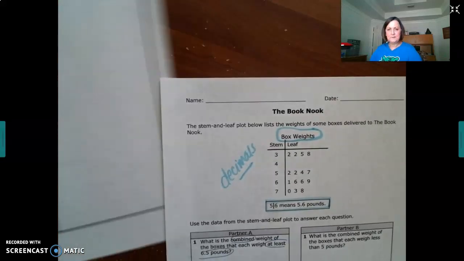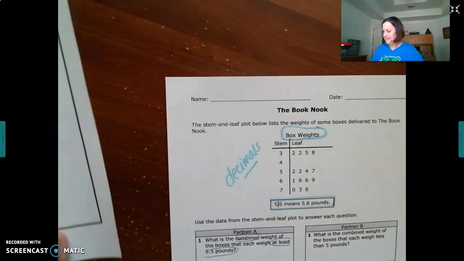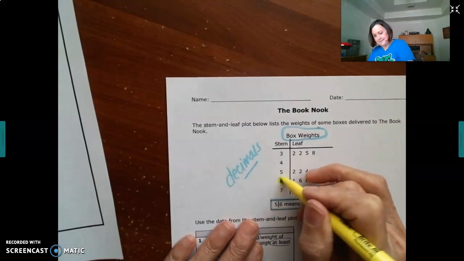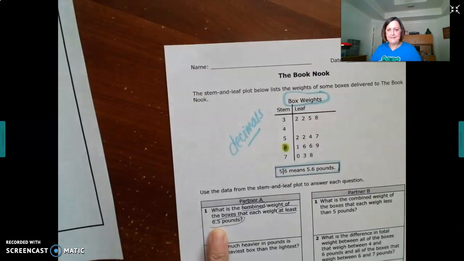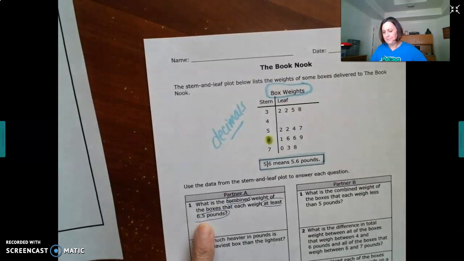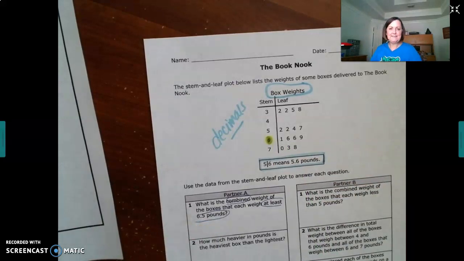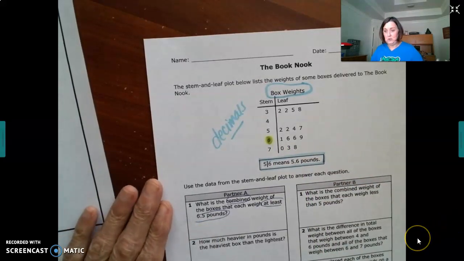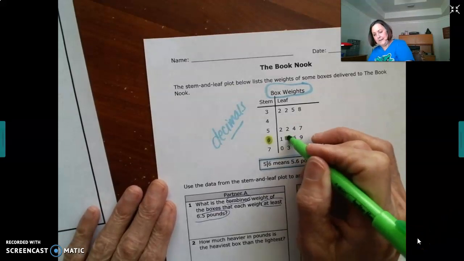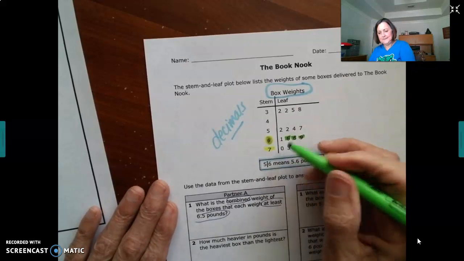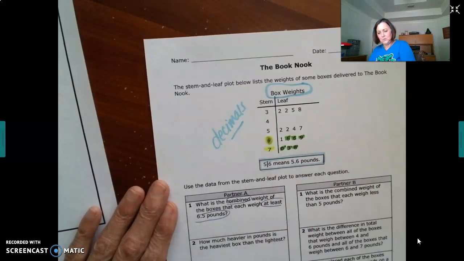So let's get our stem and leaf plot, and let's find the stem that has 6, because we know we're looking for at least 6 5/10 pound. All right, we have 6 1/10. Is that at least 6 5/10? Nope. So we are only going to highlight 6 6/10, 6 6/10, 6 9/10. 7 is at least 6 5/10, and so we're going to add these 3 leaves as well.